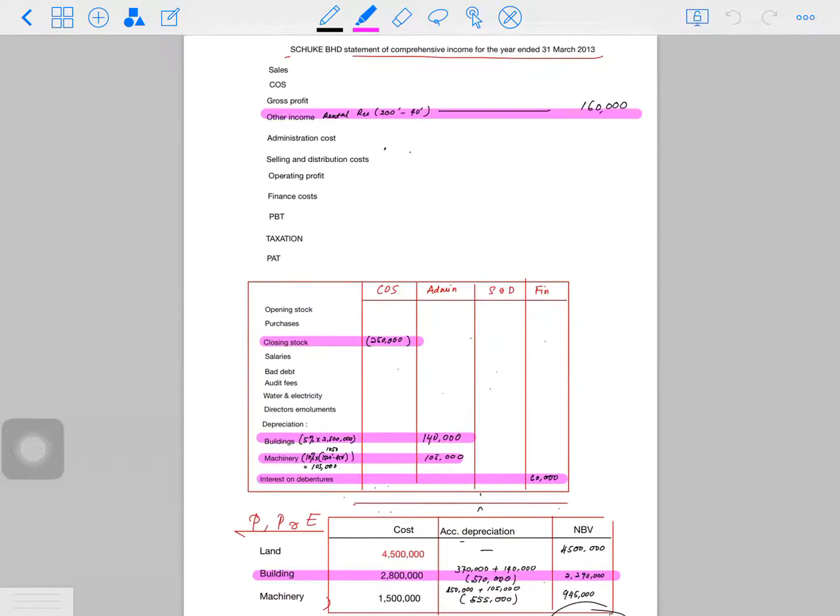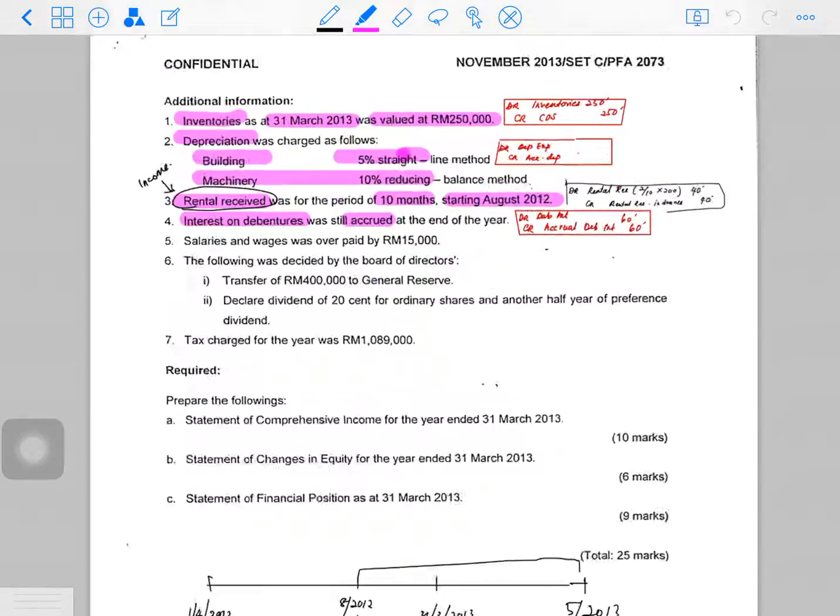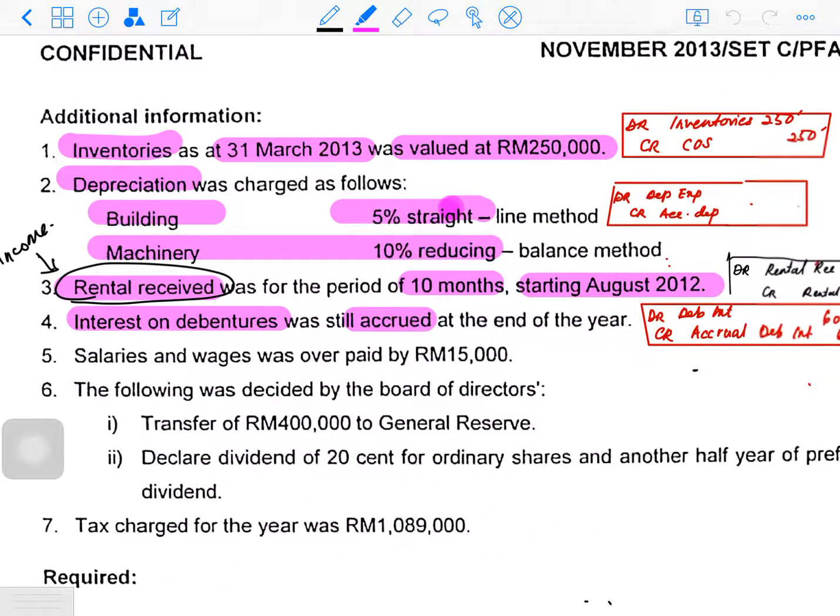So next we have our next adjustment with regard to salary and wages. Overpaid by 15 million. When salaries and wages is overpaid means prepayment. Okay, prepayment.